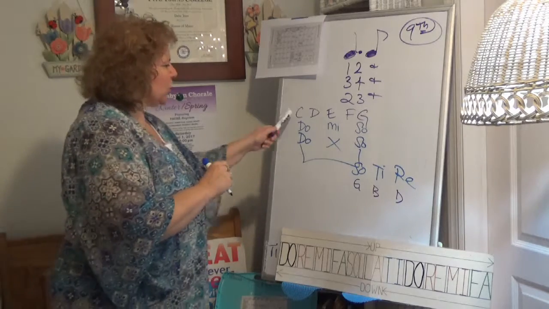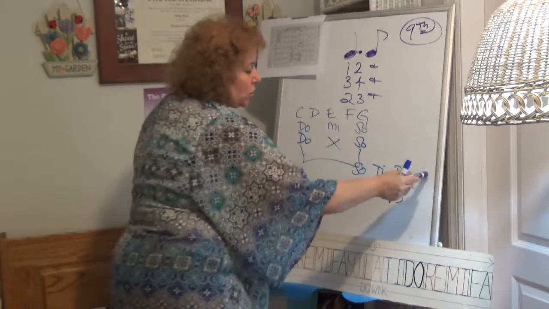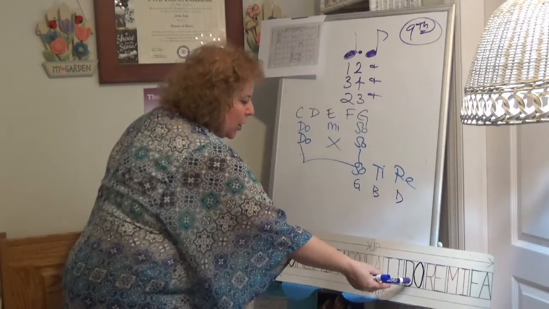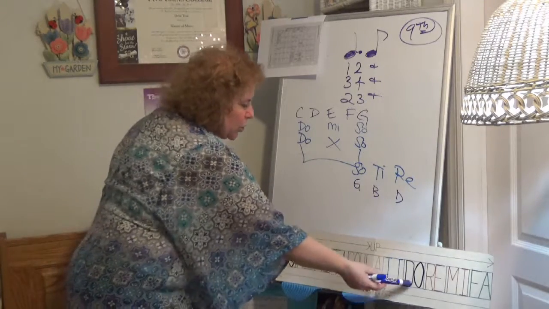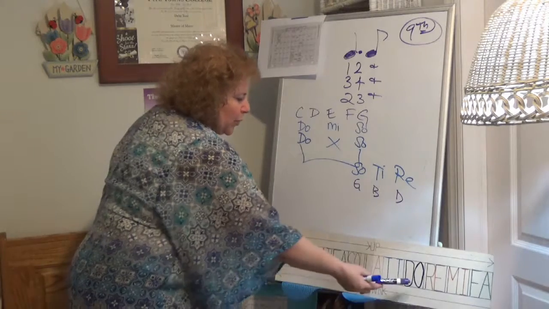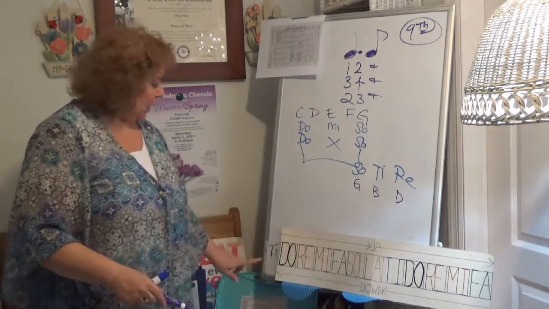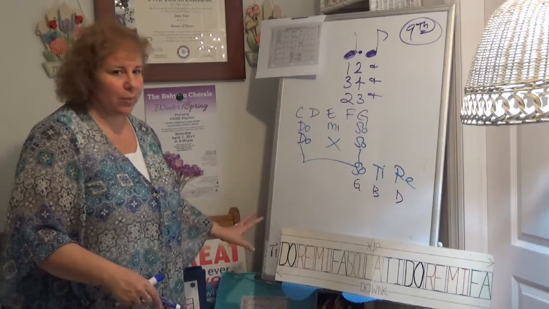Okay, so this do here, or this do over here, do could be either way. Let me use this example here. Do down to sol would be a C down to a G. Same thing, C down to G. That's very low. Okay, that would be an alto range.